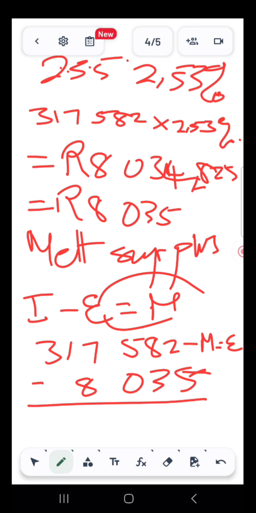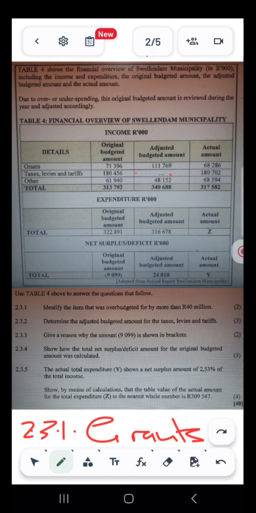And when we minus these two, our final answer is 309,547,000. So this amount is the amount for here. We took this, we minus this, and then we found this. That's just how simple it is, right? In order for us to find this, they told us 2.53% of this gives us this. So we multiplied this by 2.53%, then it gave us that. So everything was in the information.